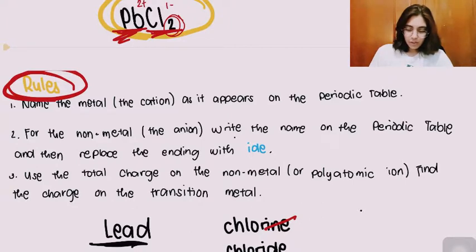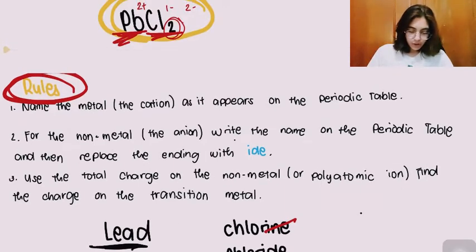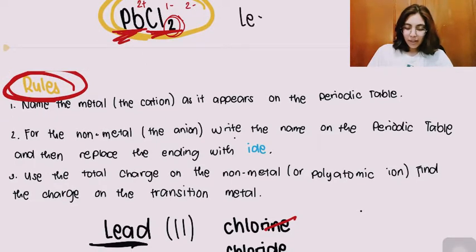Lead has to be 2 plus for all these charges to add up to 0. So it will give us the net charge of 0. So because we have this 2 plus on the Pb, we write a Roman numeral 2 between lead and chloride. And the name for PbCl2 is lead(II) chloride.